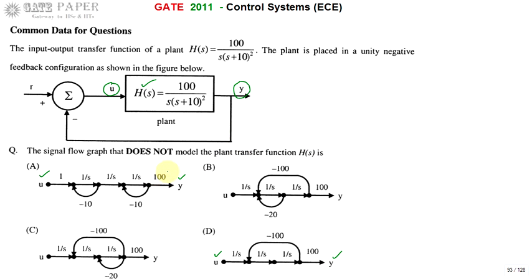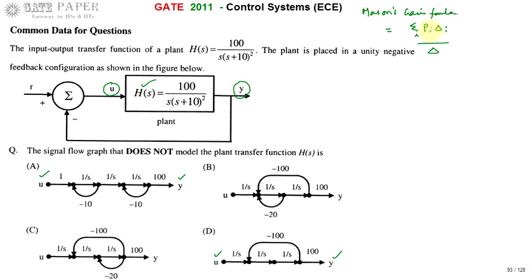We are going to obtain the transfer function from the given signal flow graph by using Mason's gain formula. We know that this formula is sigma, for each value of i, P_i delta_i divided by delta, where P_i is the path gain in the ith forward path.